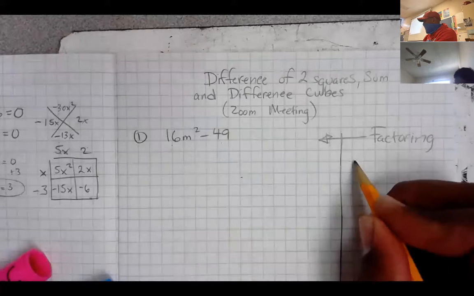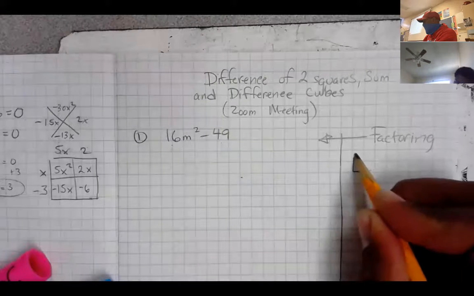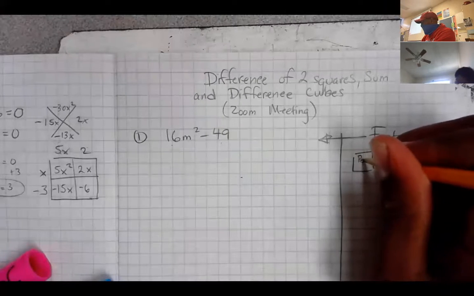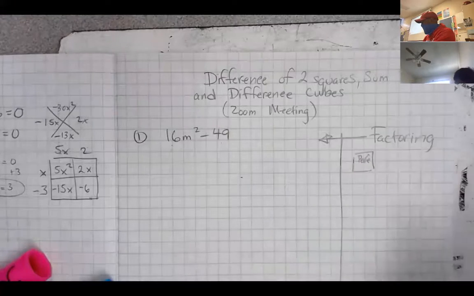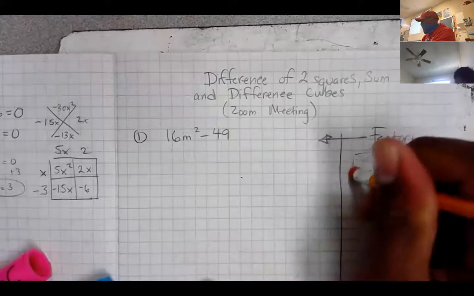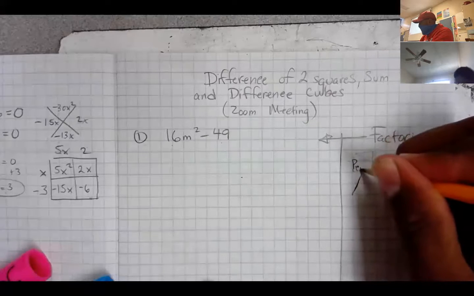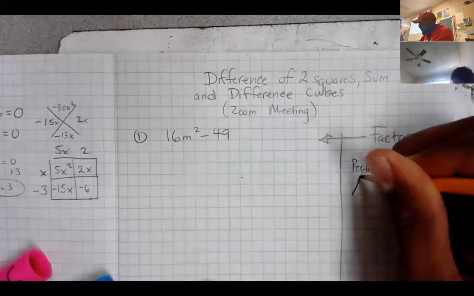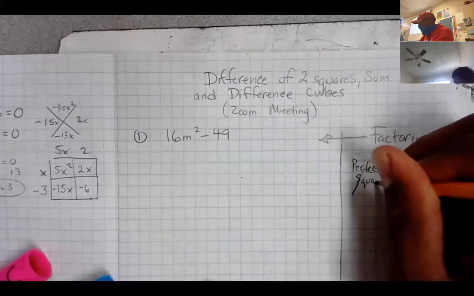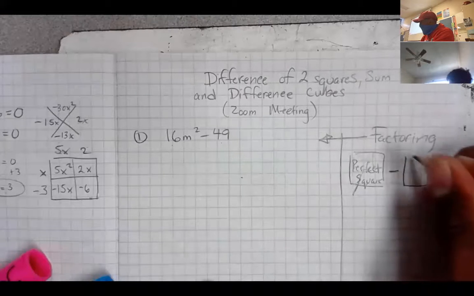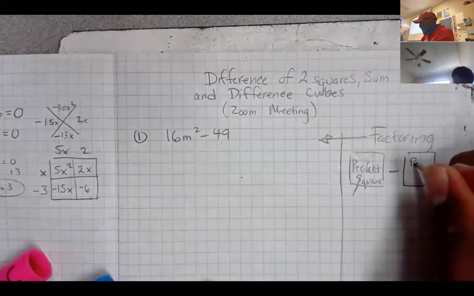So if I have a perfect square minus another perfect square.